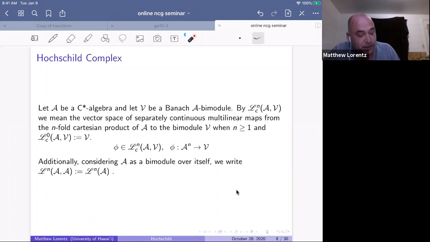And that's when n is bigger than 1. And for n equals 0, we just let it be this bimodule. So these are the maps that we're considering. And if A is a bimodule over itself, as is customary, we'll just write it by itself.